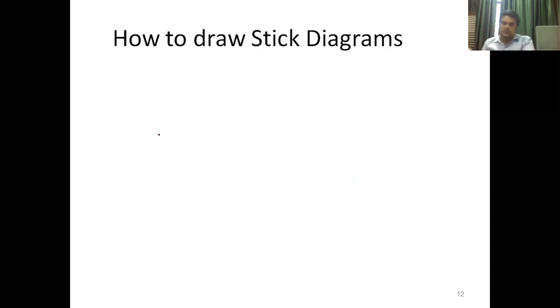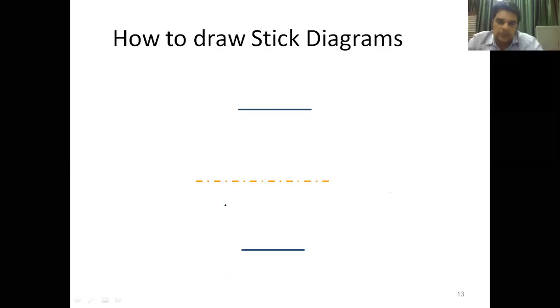Now, how to draw the stick diagram? First we need to draw the supply line and ground line. These are represented by metal lines, so this is supply and this is ground. Next, you draw the demarcation line.